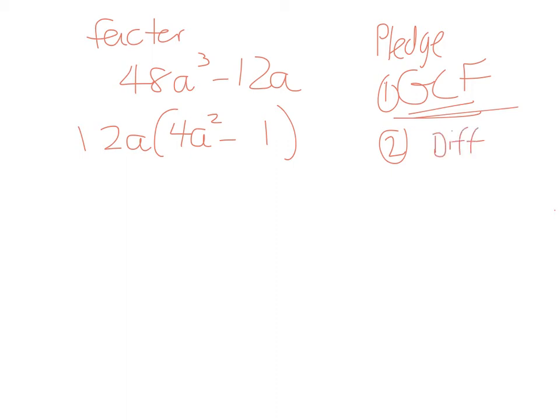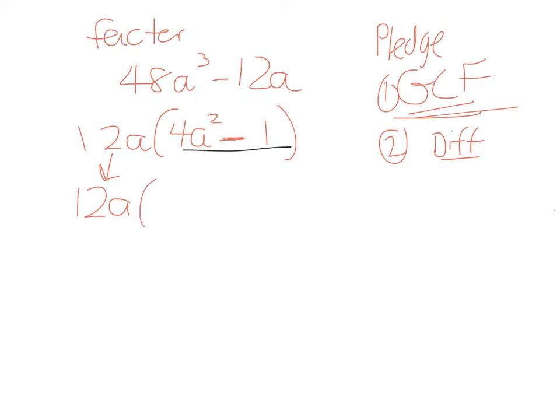Inside the parentheses, I do have the difference of perfect squares. I've got a minus sign, and remember 1 is a perfect square because 1 times 1 equals 1. So when I go to factor what's in the parentheses, I must rewrite and bring this part down. This is going to be part of my answer. This 12a cannot get lost.